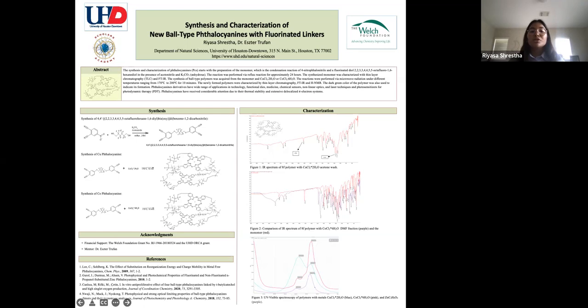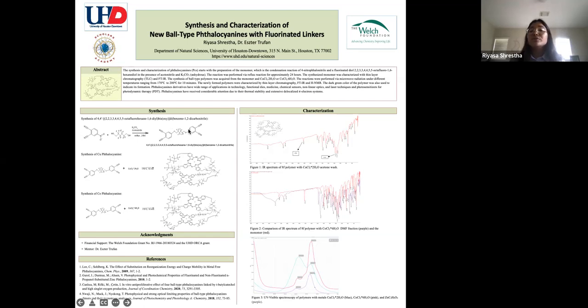However, moving on to the synthesis part, the way I synthesized my ball type thiocyanin was a two-step process. The first was to make a monomer, and then the second was to use the monomer and a type of metal to make the ball type thiocyanin.